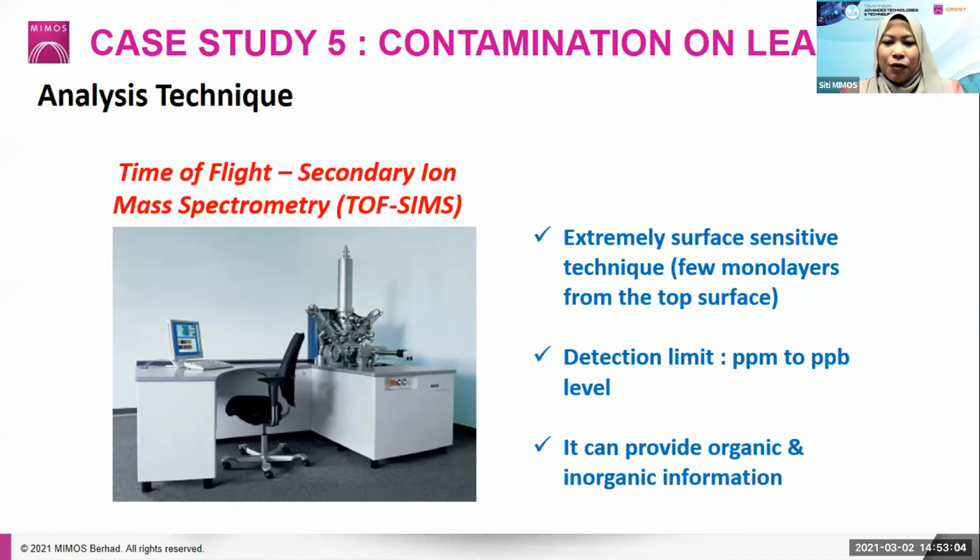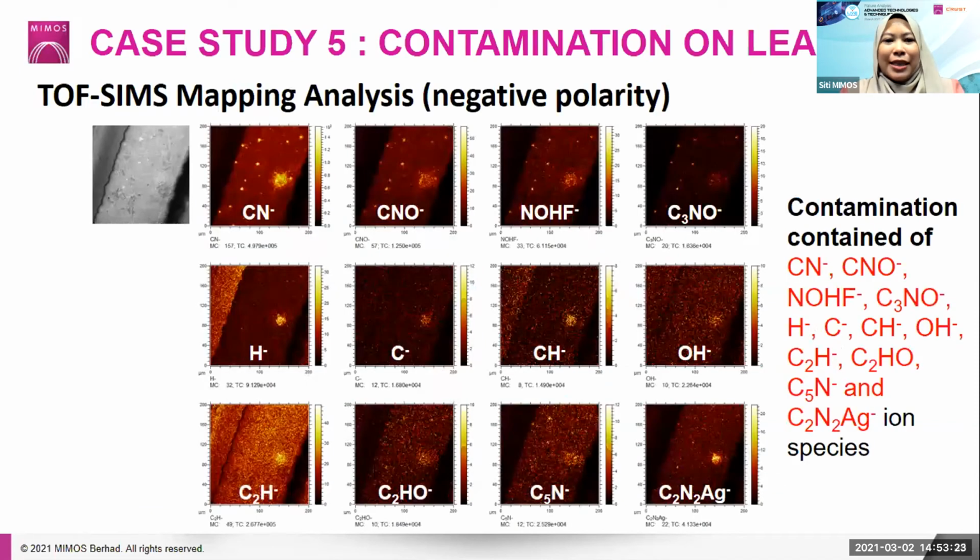It can also provide the information of organic and also inorganic material. However, the challenge in TOF-SIMS is in terms of interpretation, and it can be much more complex as compared with XPS or Auger techniques.